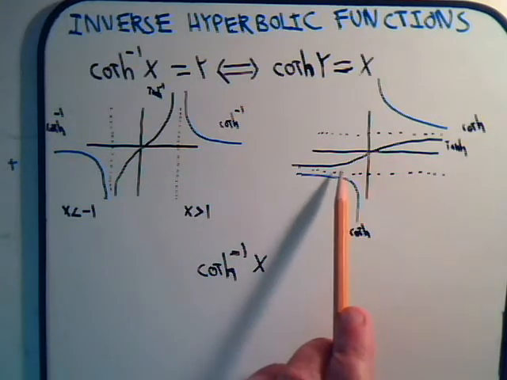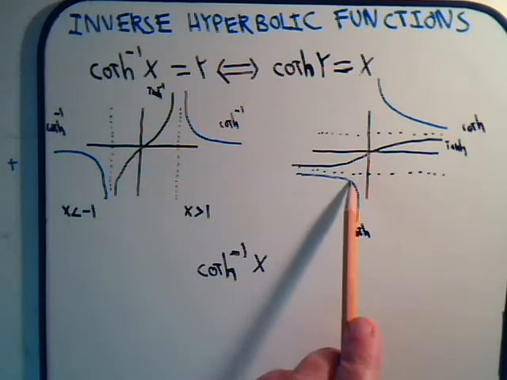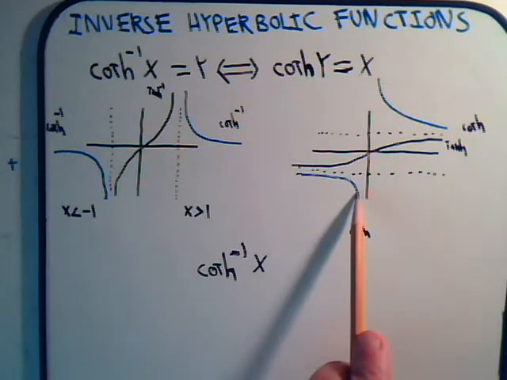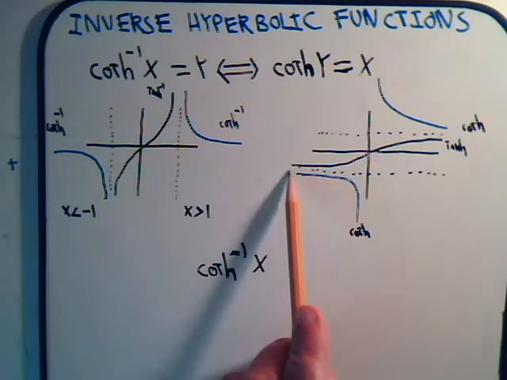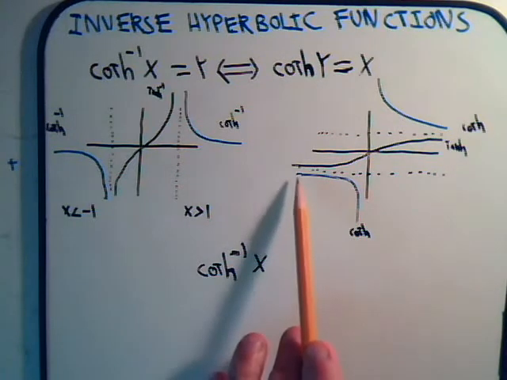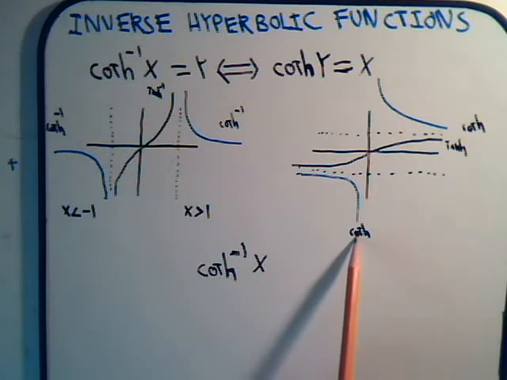For example, if this becomes minus 1/2, the reciprocal would be minus 2. If this is minus 1/3, then the reciprocal of that would be minus 3. So as this starts to approach 0, this is going to go out to negative infinity. Again, the general shape of the hyperbolic cotangent is what we would expect it to be.